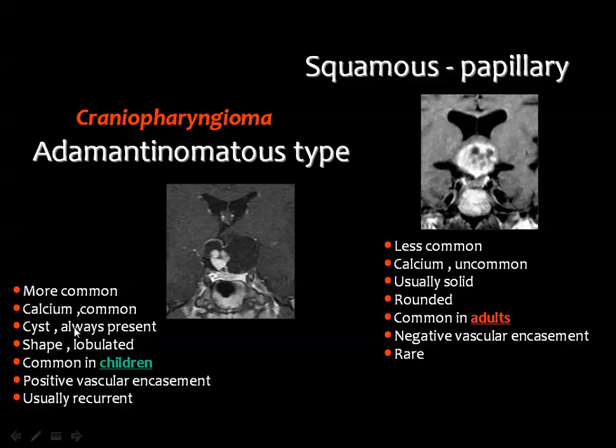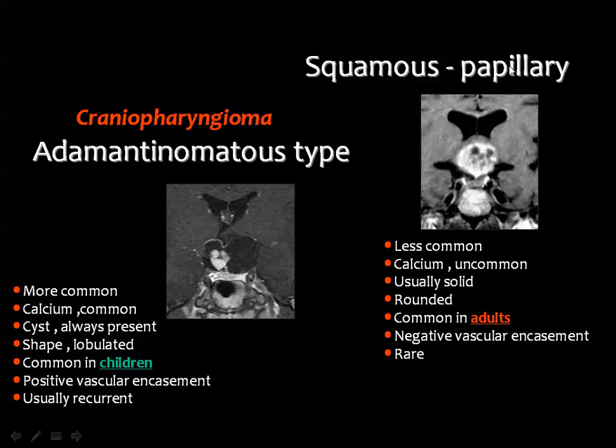It is composed of the three major components I have said, which are the cystic component, the solid component, and the presence of calcium. And then the solid component usually shows enhancement, and it may encase the vessels located nearby.